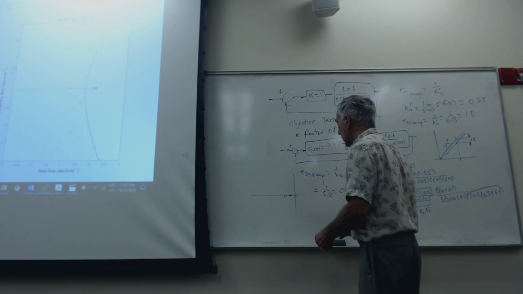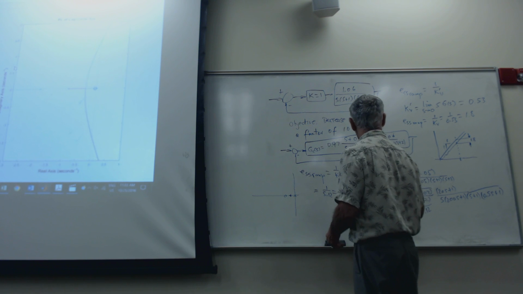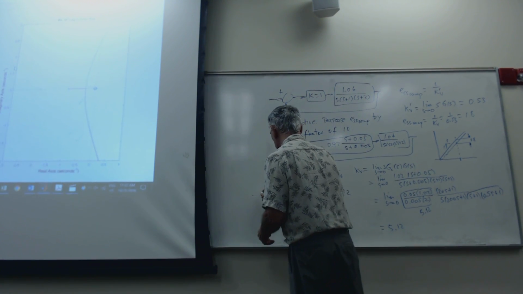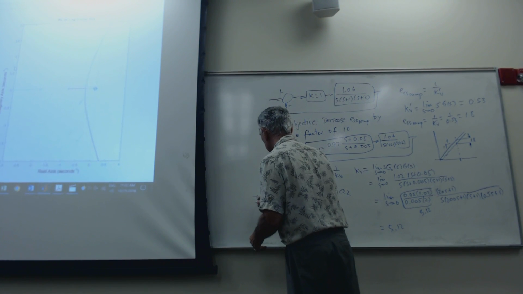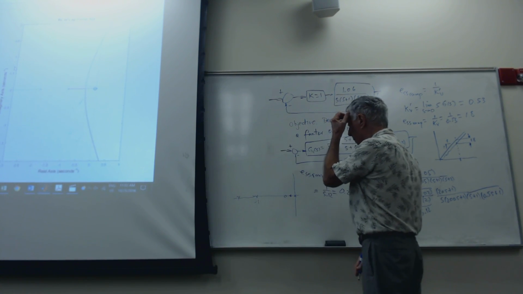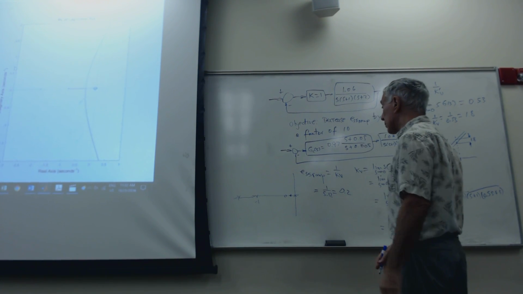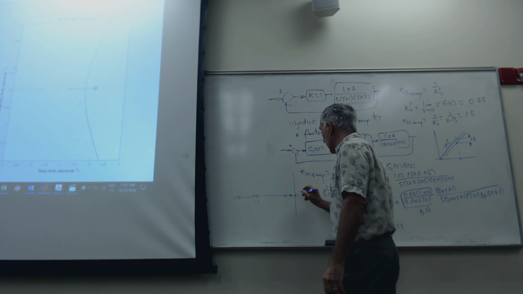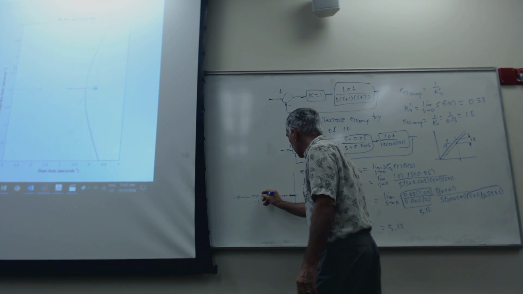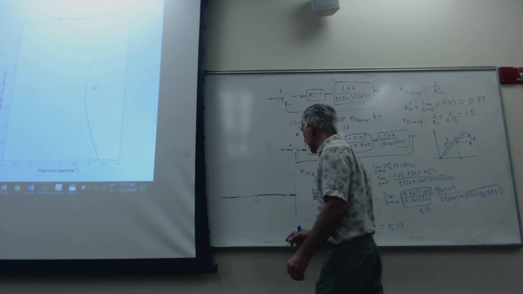Okay, and then we have the other poles, 2 poles at -1 and -2 over there. And so if you wanted to draw the root locus plot, right? The root locus exists here, it exists here, right? And it exists over here.